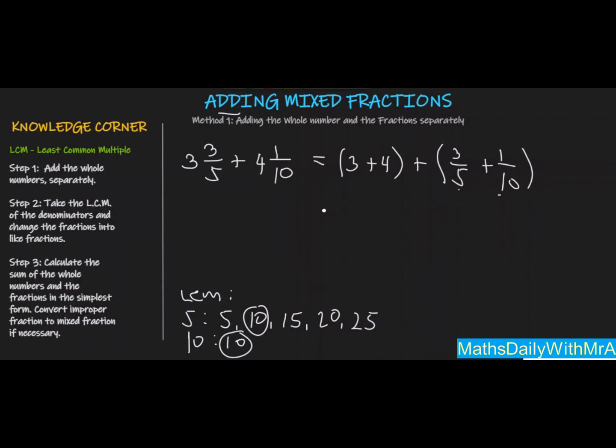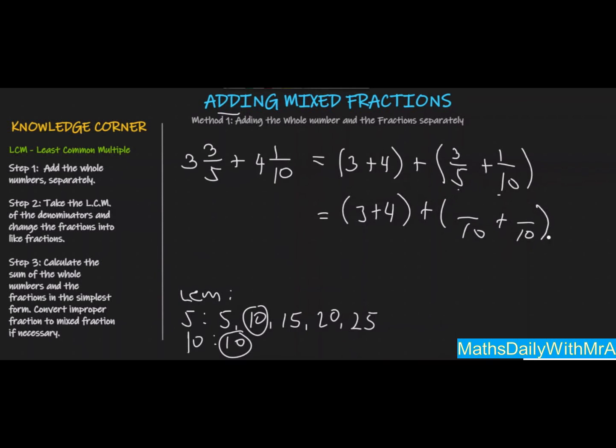Okay, so let's put equal sign here. 3 plus 4 plus over 10 plus over 10, the LCM. If you notice, the denominator 5 of the first fraction became 10.